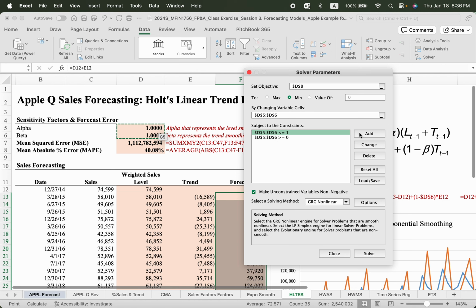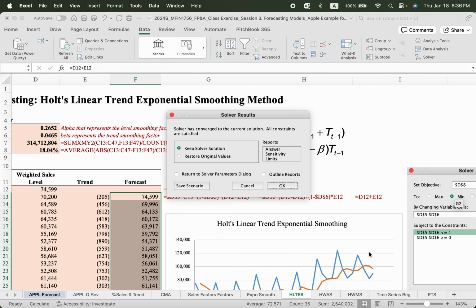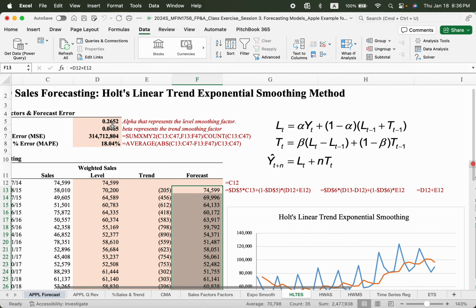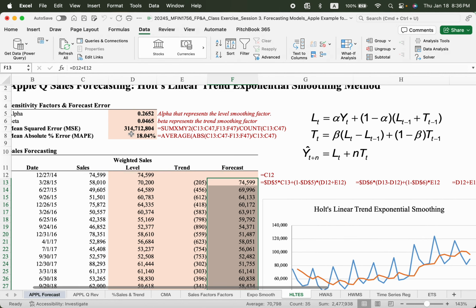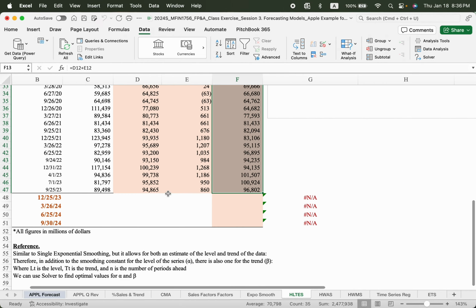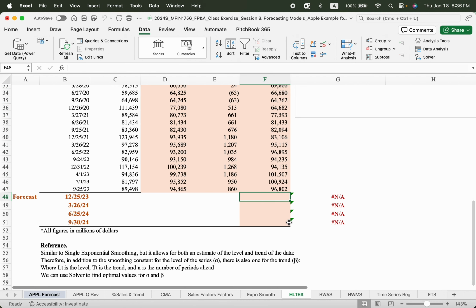We put these cells in the constraint, and then solve. Then, okay, we found the values here.